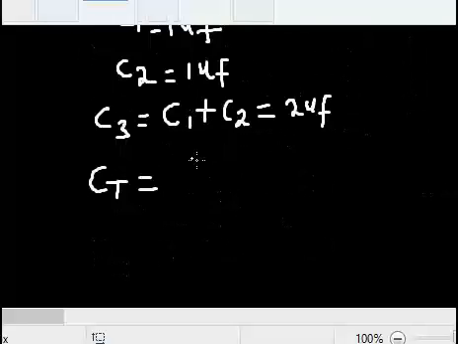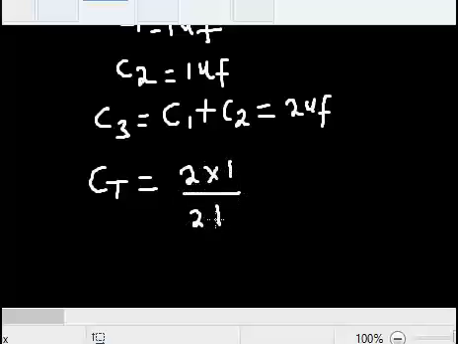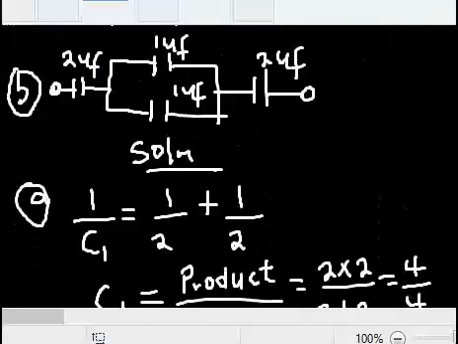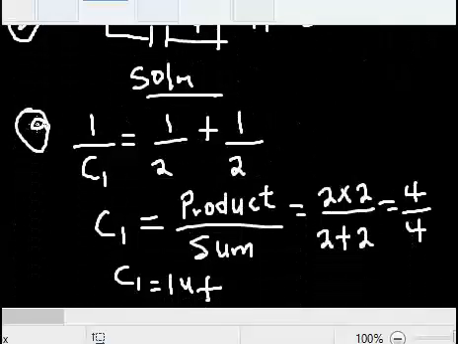That's going to be 2 times 1 divided by 2 plus 1, which is 2 over 3 microfarad. So that is the A part of the question.